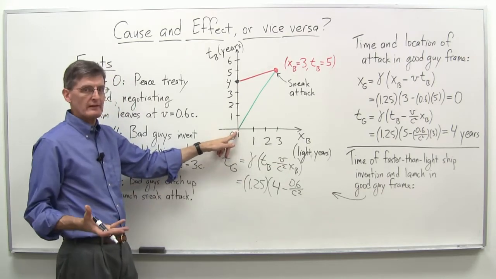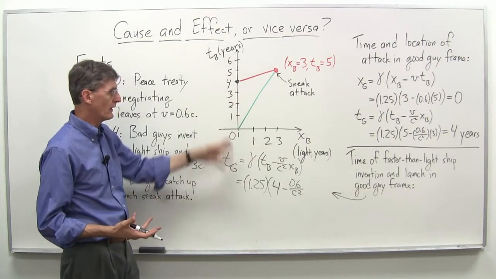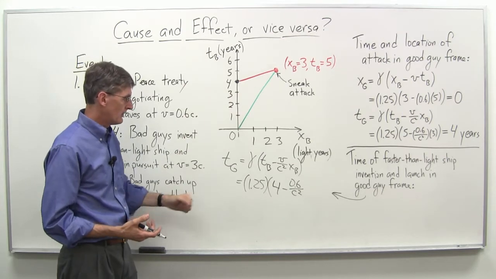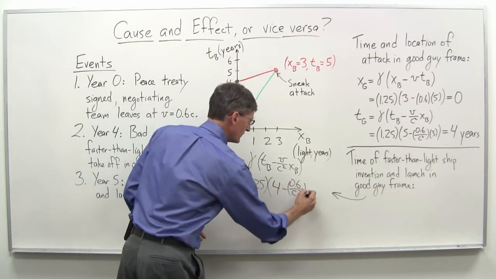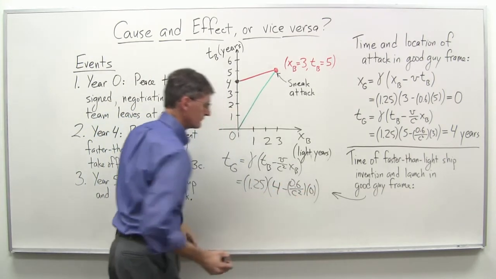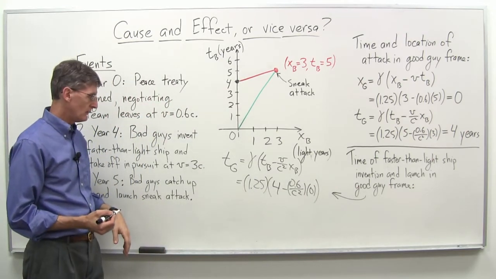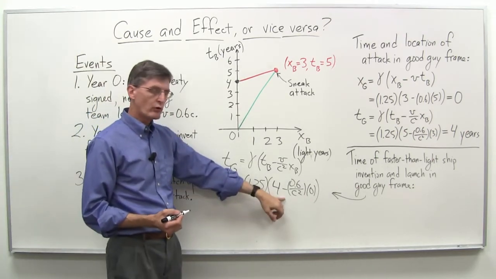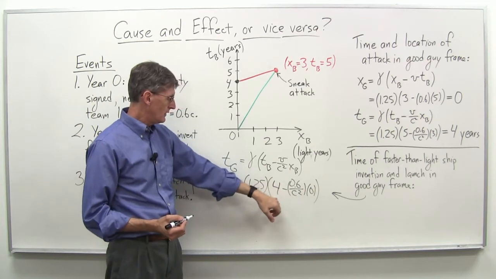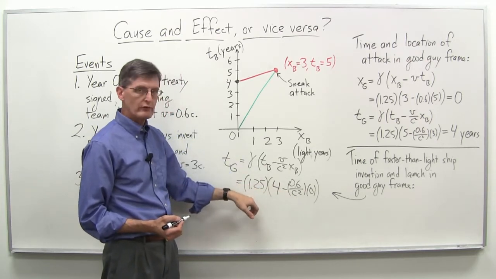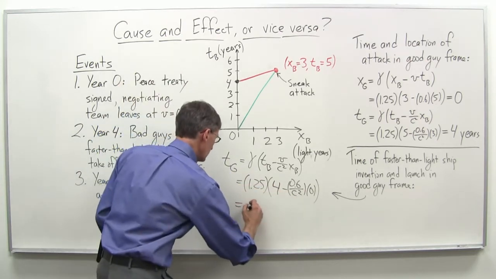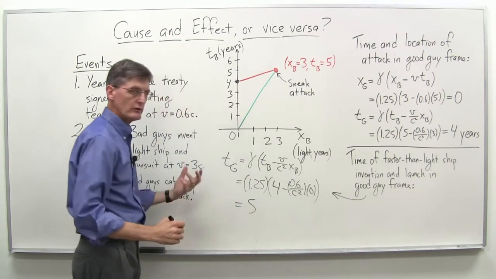It's on their home planet, right? So that's the 0 point in their coordinate system. So actually, this whole second term is just times 0. Okay, so that whole second term disappears, and I'm just left with 4 in the middle here. It's 4 minus 0. And 4 times 1.25 is 5, and our units are years.